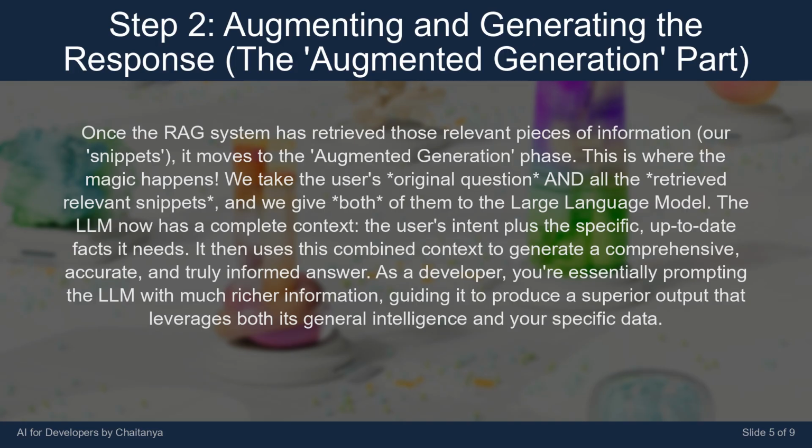It then uses this combined context to generate a comprehensive, accurate, and truly informed answer. As a developer, you're essentially prompting the LLM with much richer information, guiding it to produce a superior output that leverages both its general intelligence and your specific data.